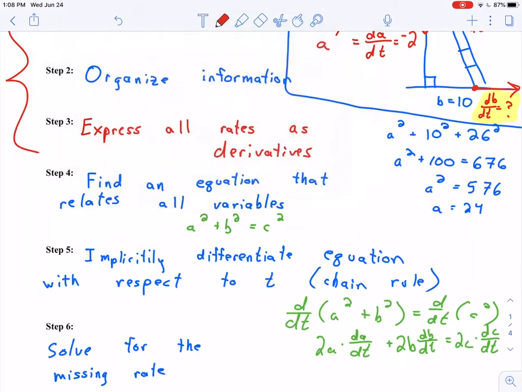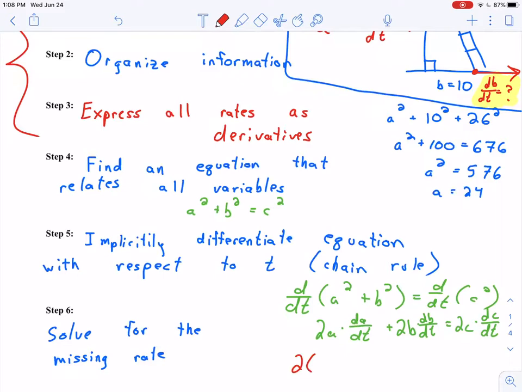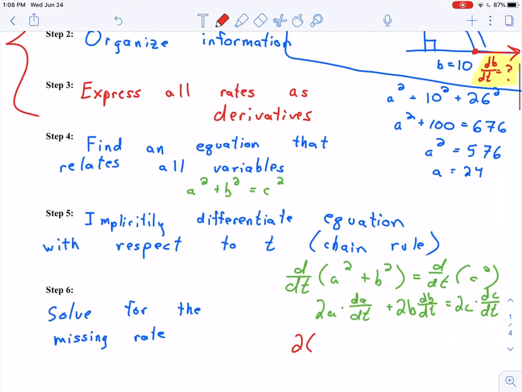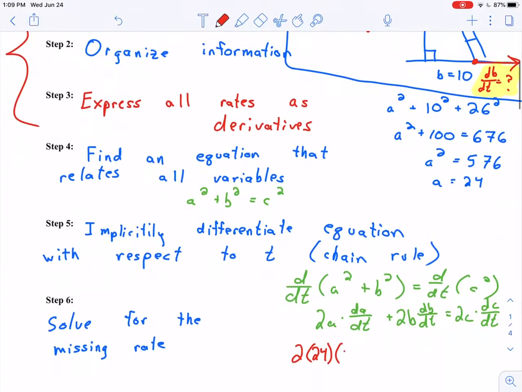So let's do that here. So 2 times A, we said A was 24. So 2 times 24 times dA over dt, that is negative 2, plus 2 times B, what is B? Well, B is 10. So 2 times 10 times dB dt. Now, notice we don't know what dB over dt is.